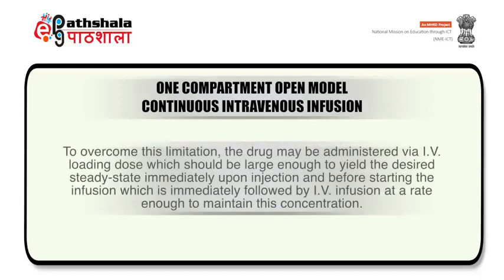To overcome this limitation, the drug may be administered via IV loading dose, which should be large enough to yield the desired steady state immediately upon injection and before starting the infusion, which is immediately followed by IV infusion at a rate enough to maintain this concentration.